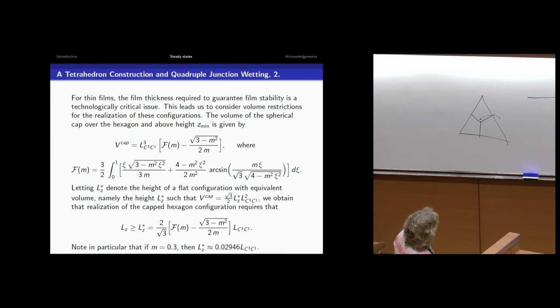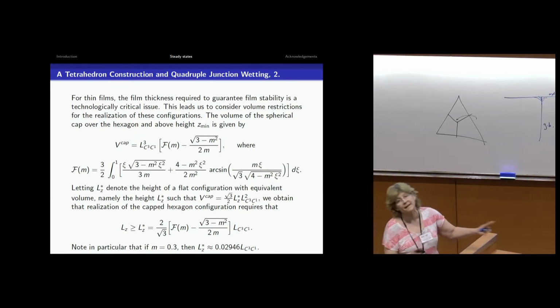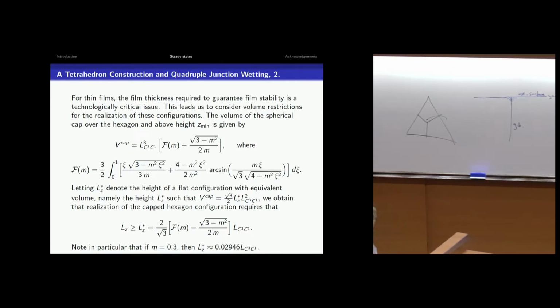Then the thickness of the film can't be too small, otherwise there won't be any of these configurations, okay? And then one can see by doing some calculations, which are basically simply technical, one gets that the height has to be greater than what we call this equivalent thickness.